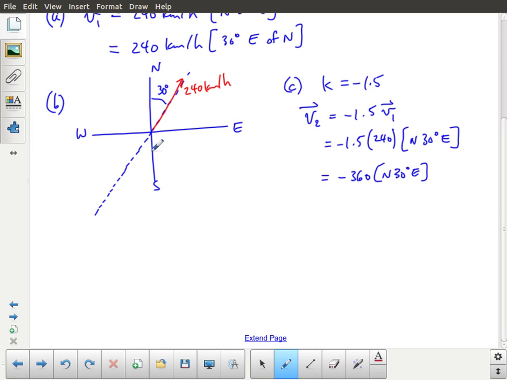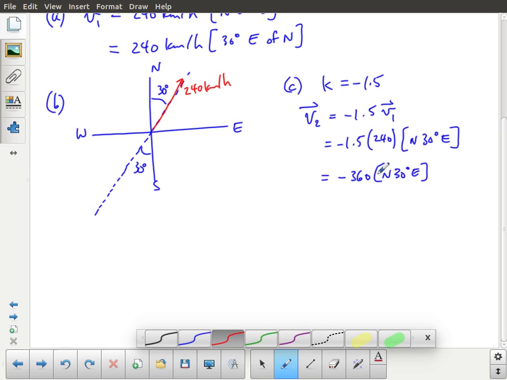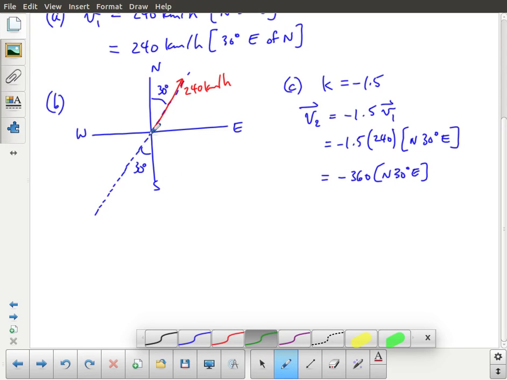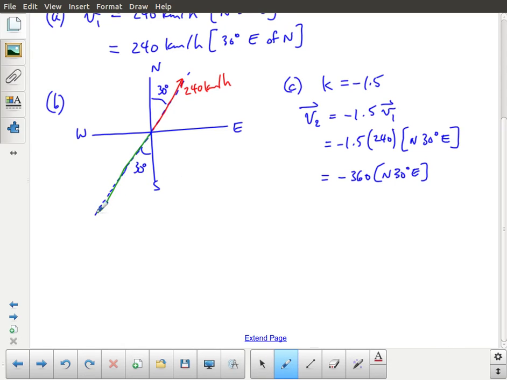If this is 30 degrees, that means this must also be 30 degrees. The reason I'm doing that is if this is in the opposite direction, it's still on that line. It's collinear. It's in the opposite direction, but it's collinear, and it's longer. So this one is 360 kilometers per hour.